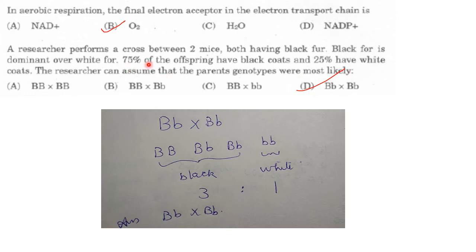So 75% of the offspring have black coats and 25% have white coats. So the ratio is 3:1. So which of these parental combinations can give you 3:1? That is option D, that is capital B small b into capital B small b. You will get 3 black and 1 white. So the 3:1 and answer is option D.